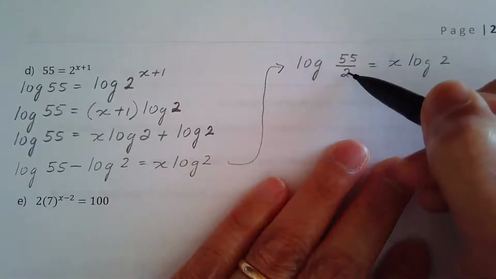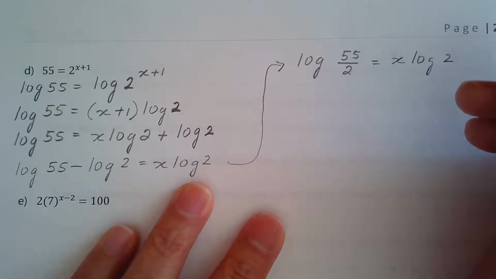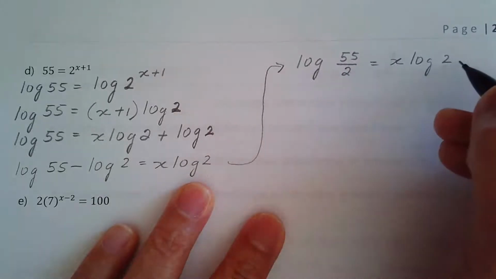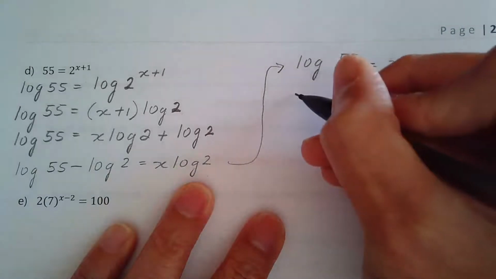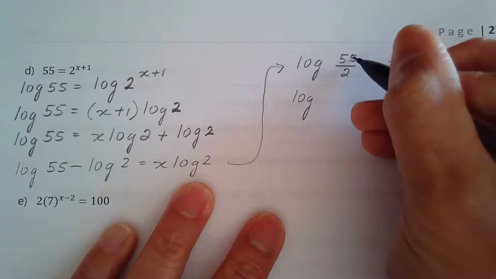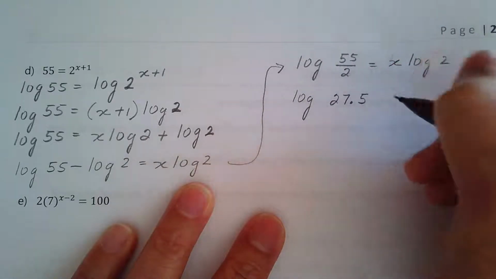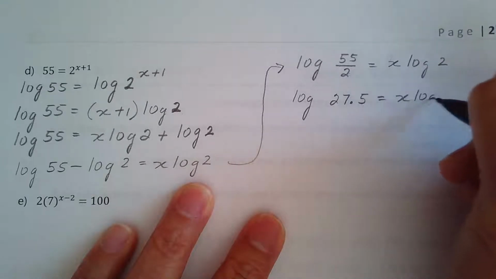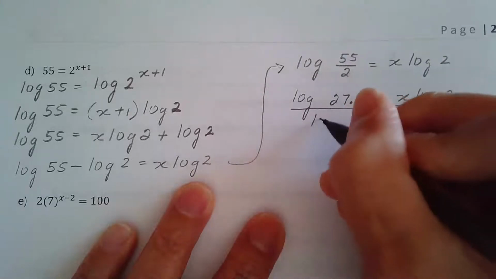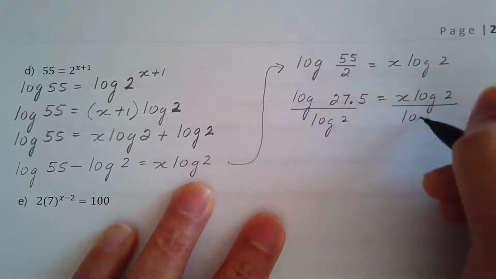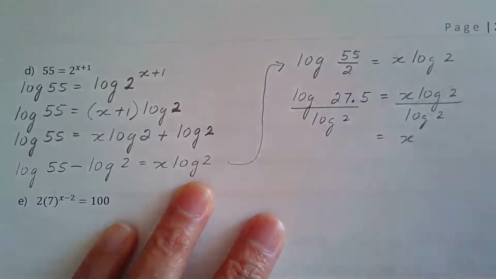So 55 divided by 2, that's going to be 27.5, divided by log of 2. 27.5 equals x log of 2, divided by log of 2 on each side. So x, this is now canceled, that's canceled.